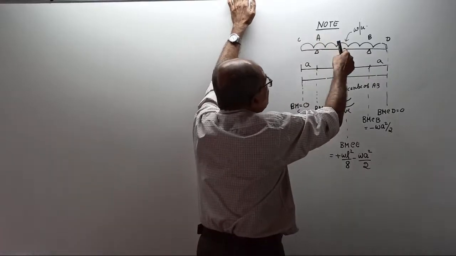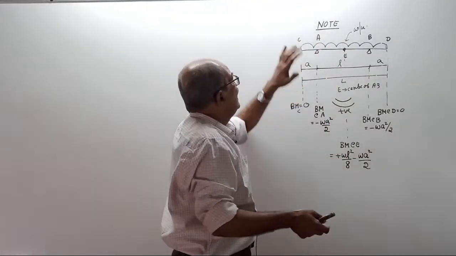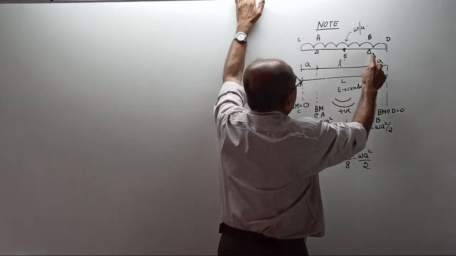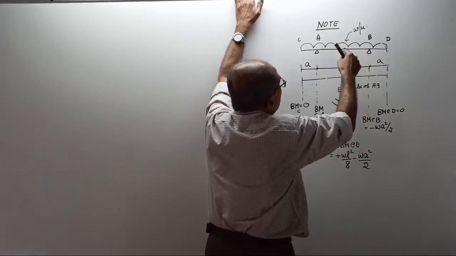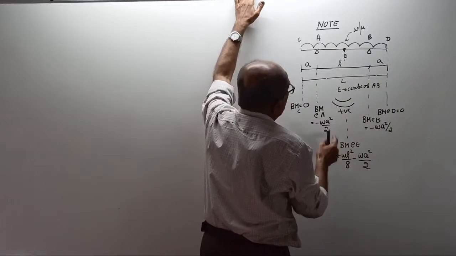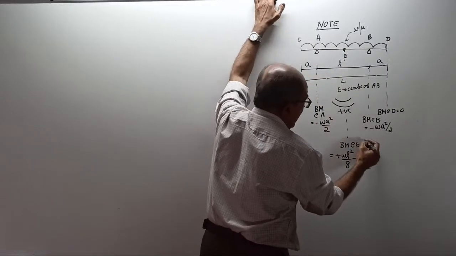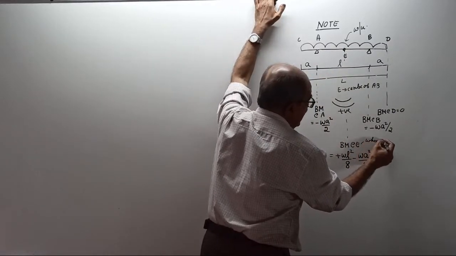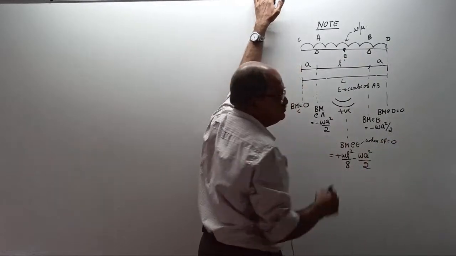E is an unknown point, but however much it goes up, the same comes down, so it passes at the center. So E is the center of AB, where shear force equals 0.